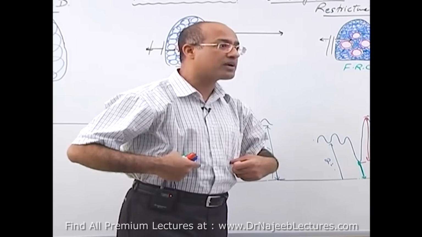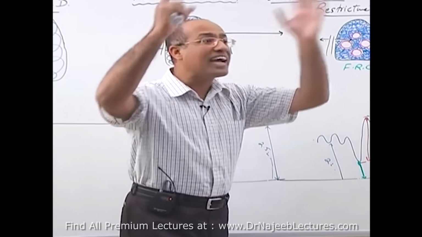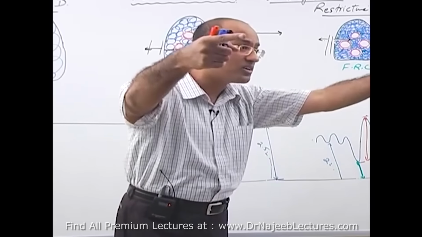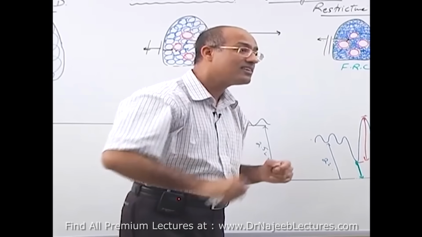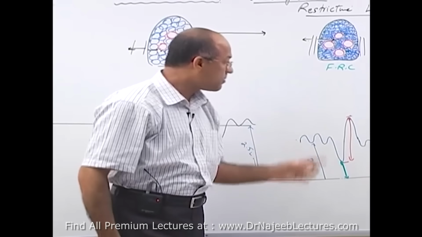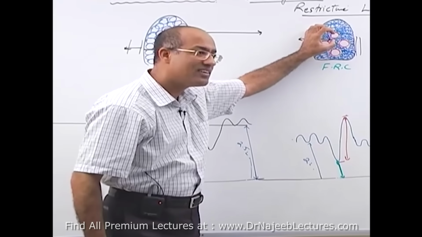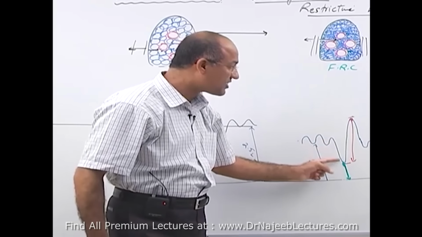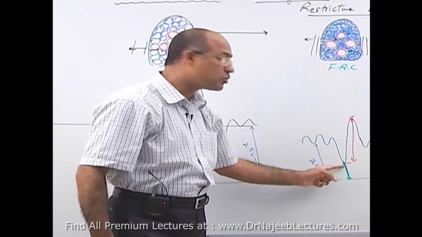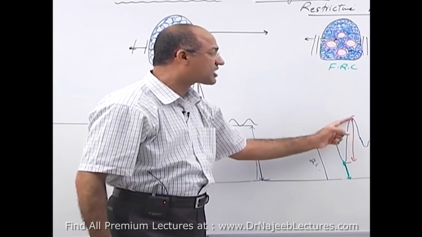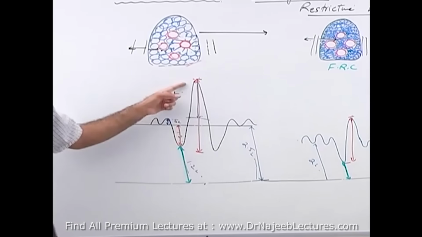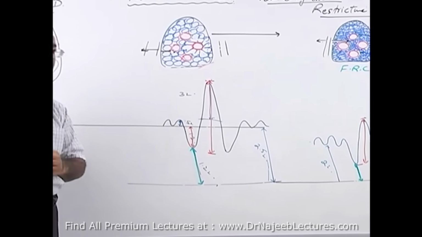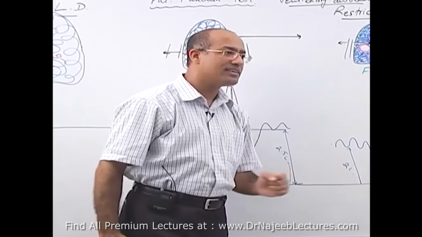First, deep maximum inspiration, then you blow out as much air as you can, and all the air which comes out is vital capacity. But if lungs are stiffened, first of all you cannot pull in much air, and after that if you want to blow out, the total air which comes out is far less than the normal lung. So vital capacity may also be decreased.